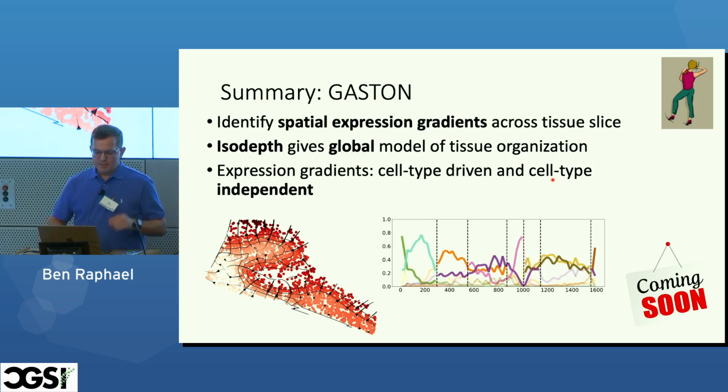Okay, so that's a summary of GASTON: these spatial gradients across the tissue slice, this isodepth giving a global model of tissue organization. It's via this neural net that learns this directly from the transcript counts. And then you can look at cell type driven and cell type independent expression as a function of this layer depth. So this is new work, preprint coming soon.